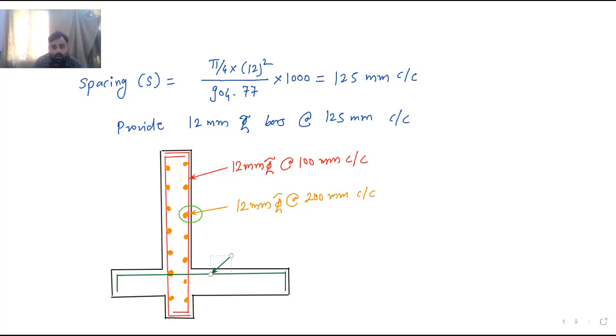Sixteen mm about 200 mm center to center. So this is your 16 mm diameter bar about 200 mm center to center.